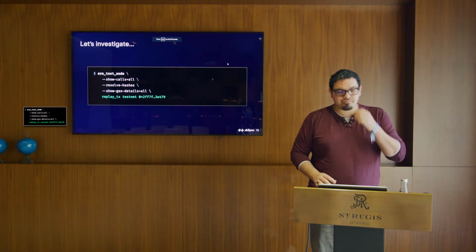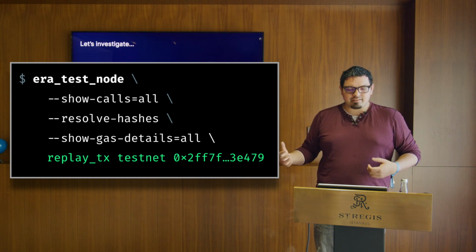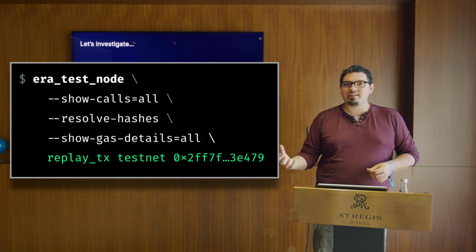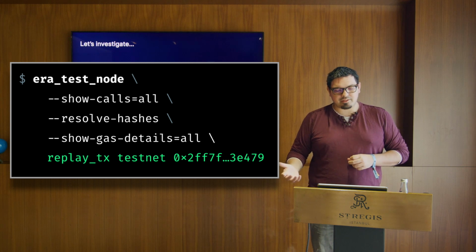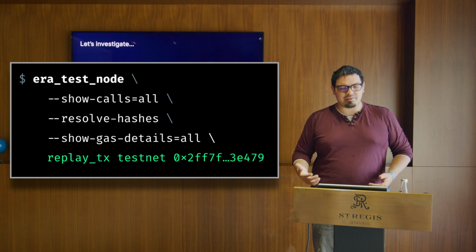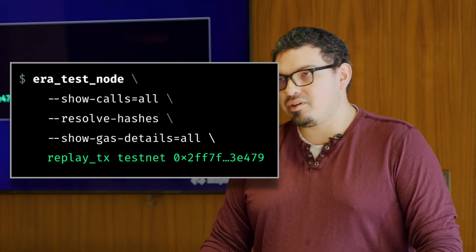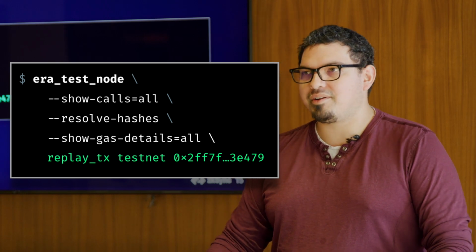And if we go back to the Era test node, we can actually pass it in with a command called replay tx. And we give it the testnet as where we're forking upstream from, and then we give it the hash, the transaction hash that we want to replay. You'll notice that we are passing in this time the show calls and resolve hashes already from the beginning.